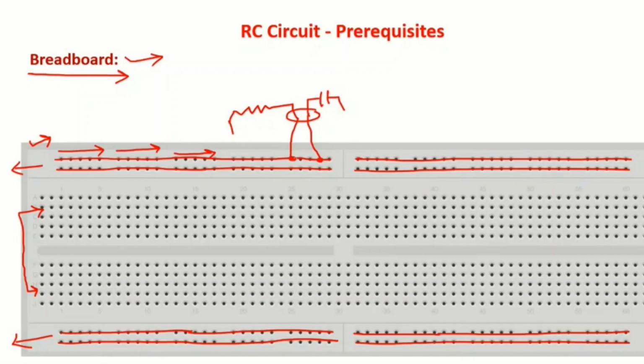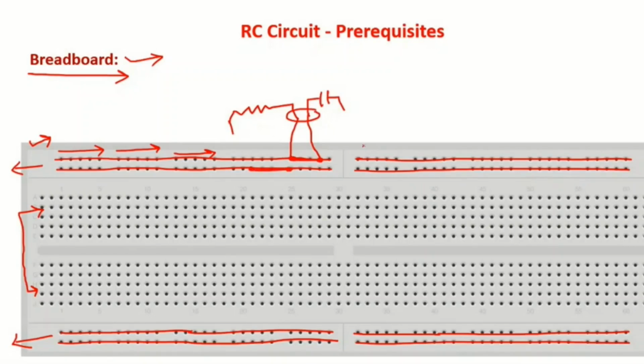Then a connection is established between these two terminals. Similarly, here also, if you want to connect these two terminals together, you can connect here and somewhere here. Then there will be a connection established between these two.